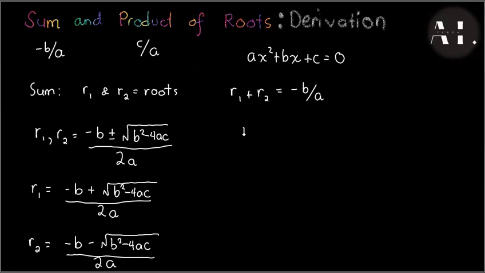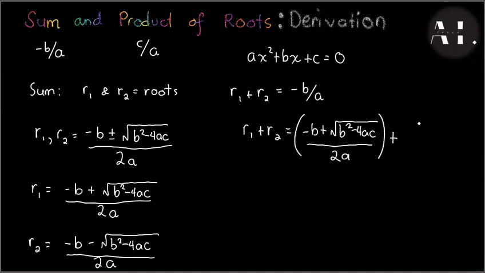Adding these two roots will give the expression r sub 1 plus r sub 2 is equal to the sum of these two roots. Since they are similar fractions, copy the same denominator as 2a.